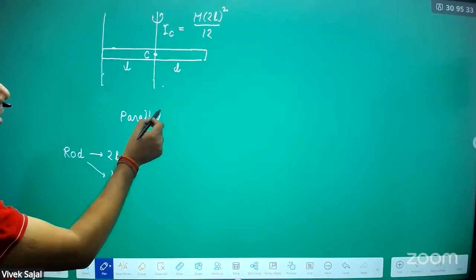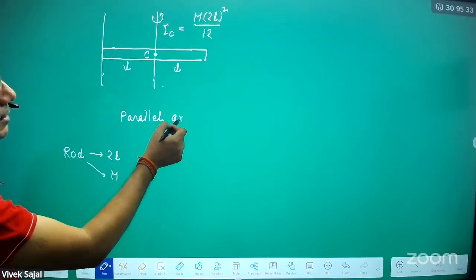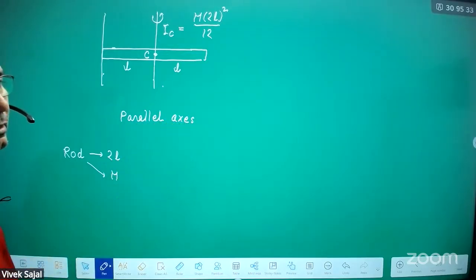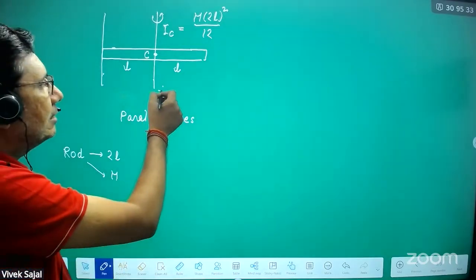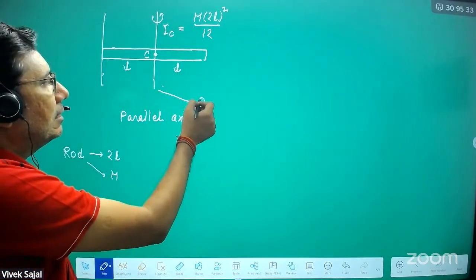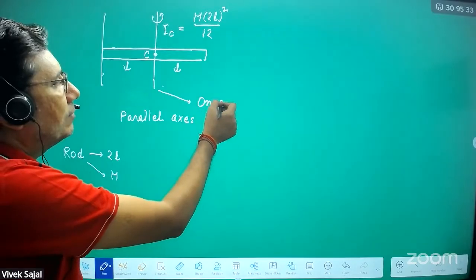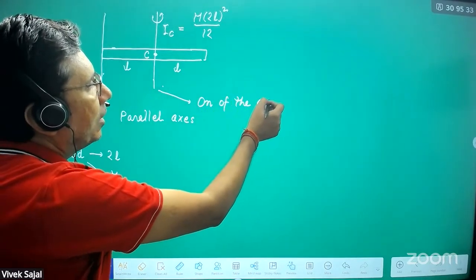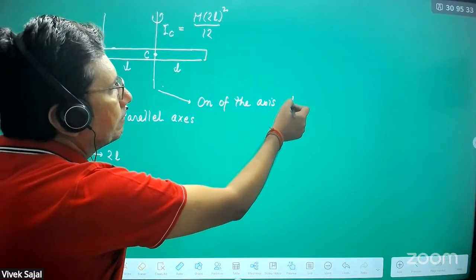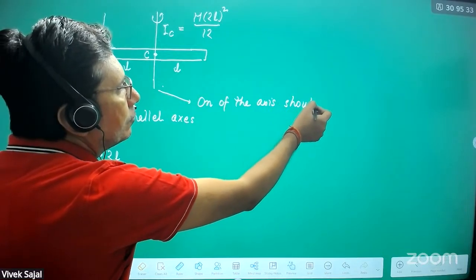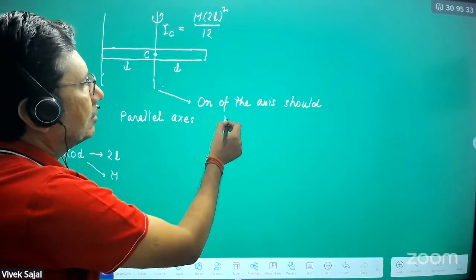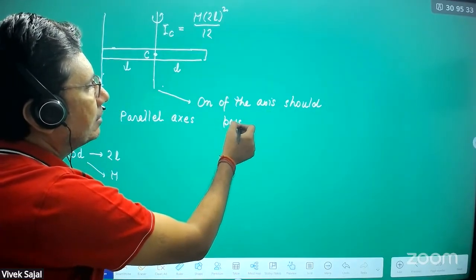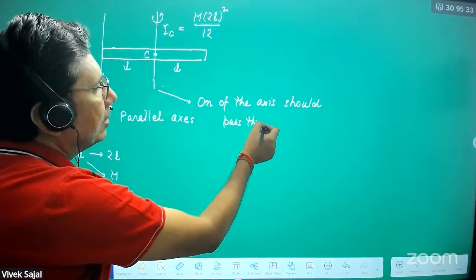ठीक है ना, parallel axes होने चाहिए. Axes should be parallel. Second thing is one of the axes should pass through the center of mass.